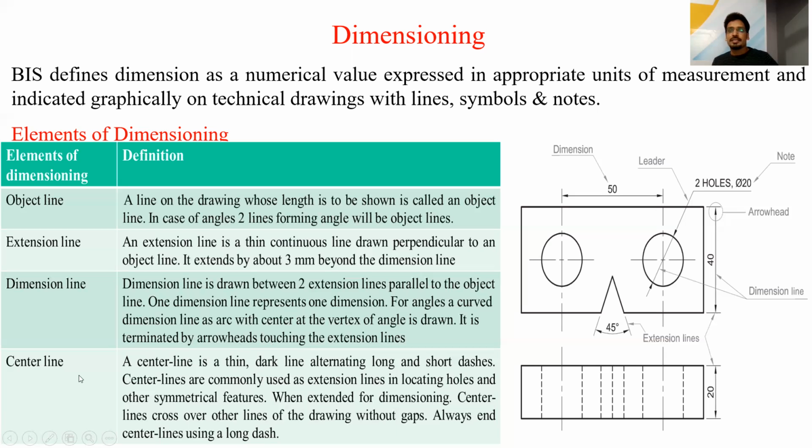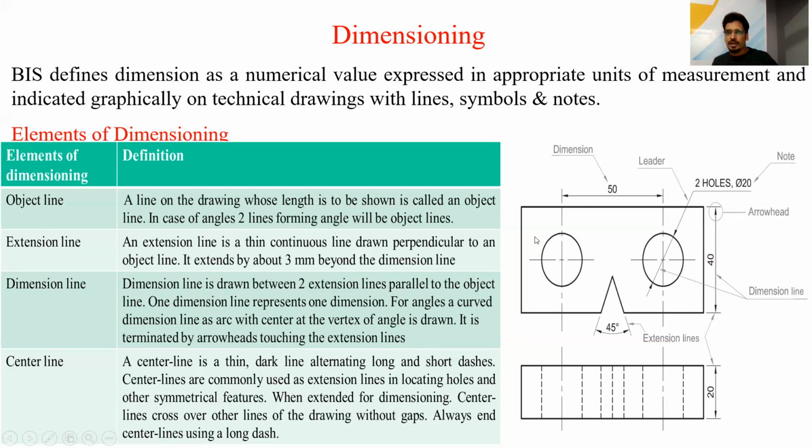Next is the center line. A center line is a thin, dark line with alternating long and short dashes. I have already discussed center lines in my previous lecture. So a center line is commonly used as an extension line in locating holes and other symmetrical features.